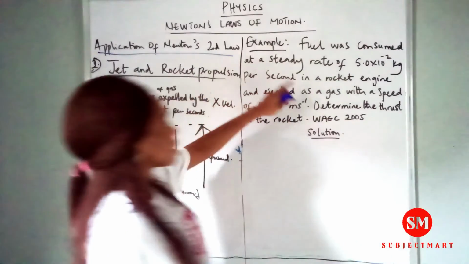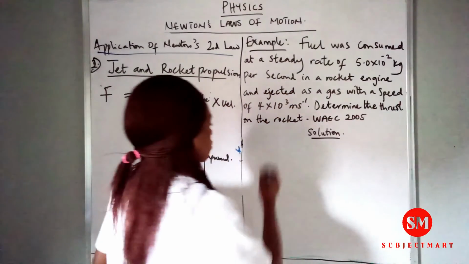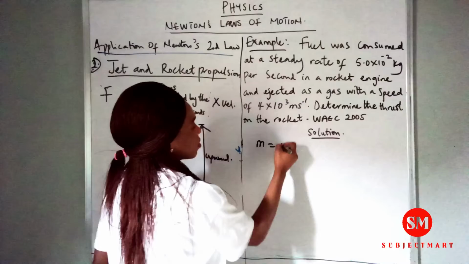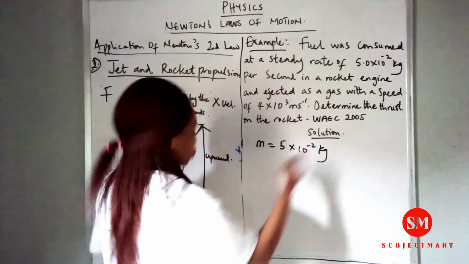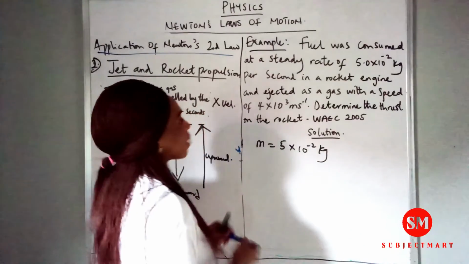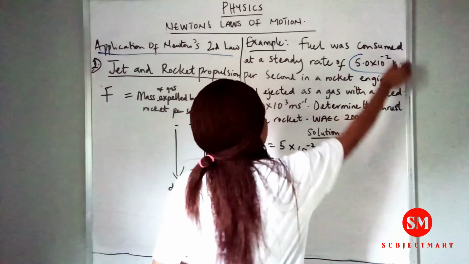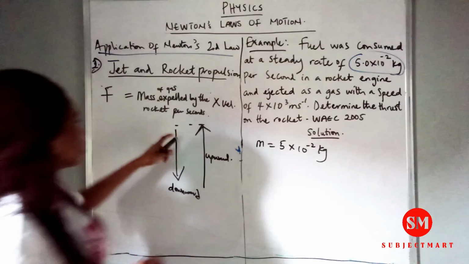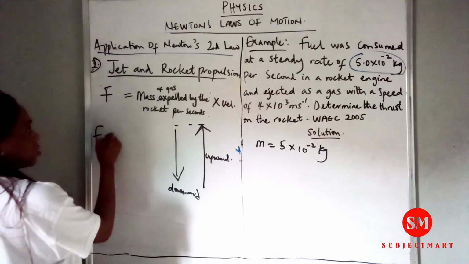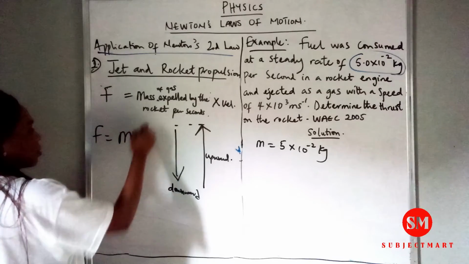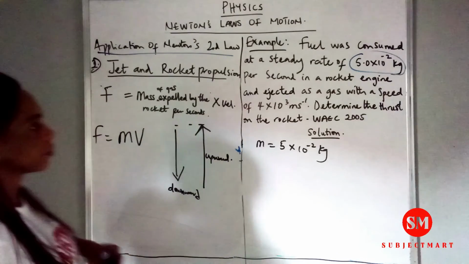Here we have this. A fuel was consumed at a steady rate of 5 times 10 raised to the power minus 2 kg per second. I said mass expelled per second. So that's mass times velocity.